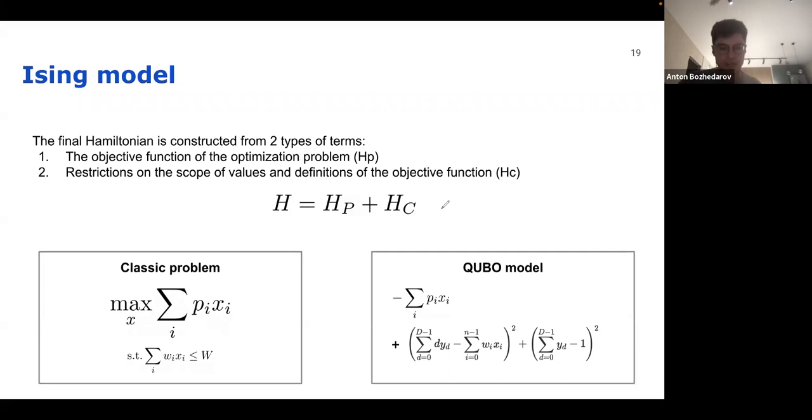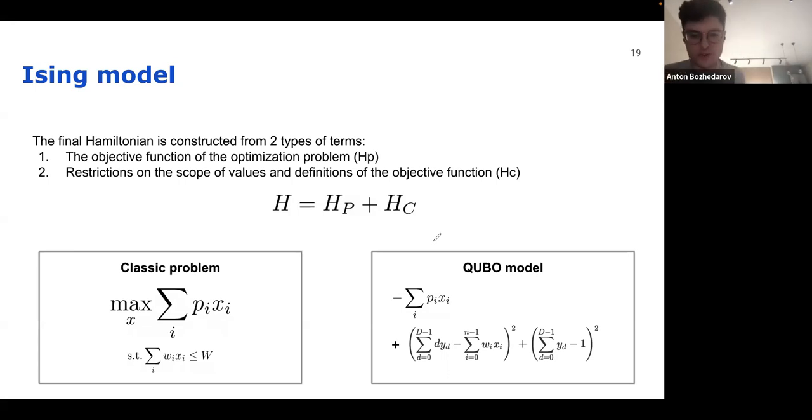So again, we have some quantum system. We act on this quantum system with some magnetic field, so with some potential energy field, and the state that corresponds to the minimum energy is known as the ground state.